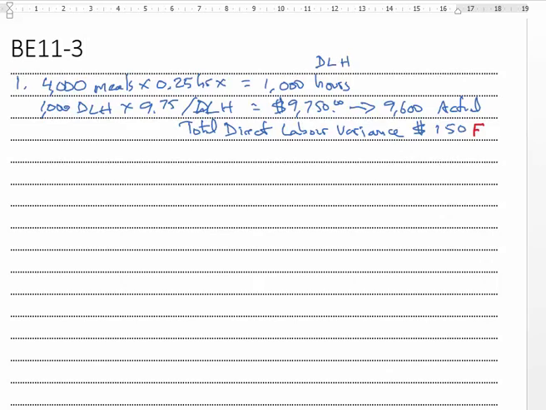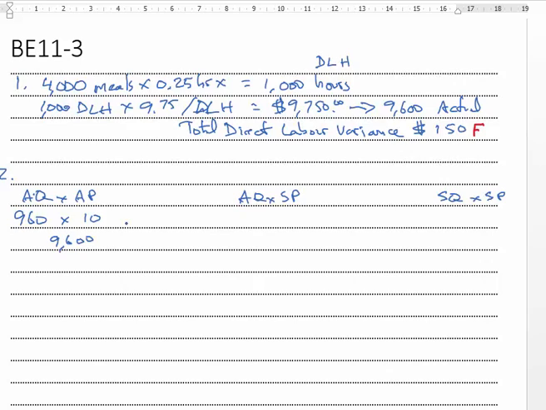So number two, break the difference computed in part one into a labor rate variance and a labor efficiency variance. Okay, so again, actual quantity times actual price, actual quantity times standard price, standard quantity times standard price. Actual quantity, 960 hours. Actual price, 10 bucks an hour, 9,600.